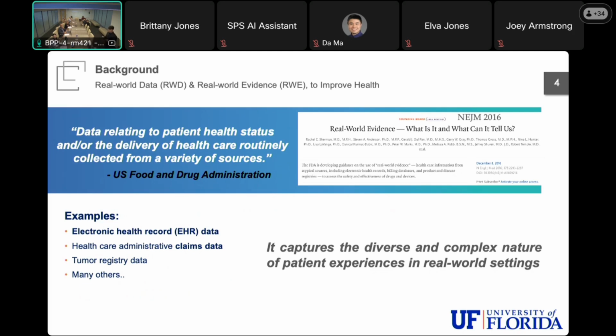Real-world data is very important for the creation of a health digital twin, as it captures the diverse and complex nature of patients' experiences, unlike clinical trials, which are often limited to controlled environments or specific populations. By harnessing real-world data, a digital twin can more accurately reflect the patient's real-life conditions.